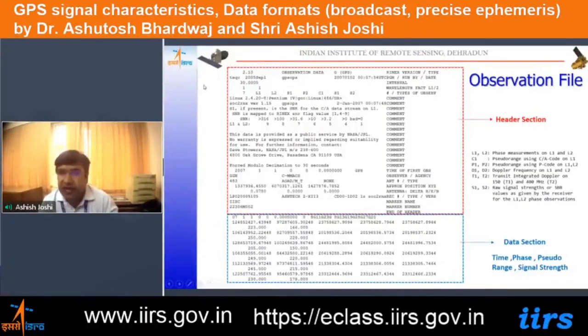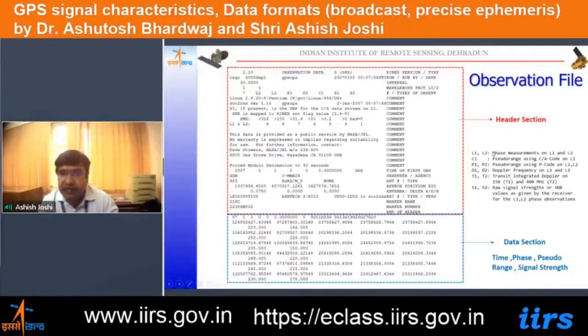Now, if we get a RINEX file of version 2.10, we will find these types of values. From there, we will see what the codes are. These are some of the codes: L1, L2, P1, P2, C1, S1, S2. This file will contain these values.